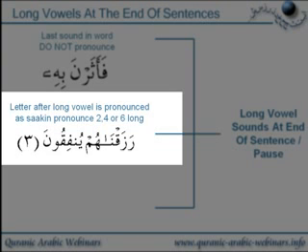This will be covered in another lesson, but where we stop or pause, the last letter here, noon, which has got fatha, would be pronounced as if it's sakin. So now you've got the long vowel and the sound after it is sakin, and we're stopping. In that case, you have the option to pronounce the long vowel, in this case the qoo, as 2, 4 or 6 long.